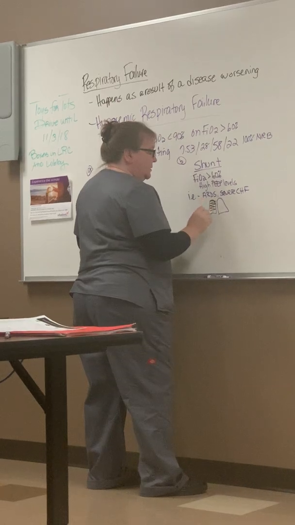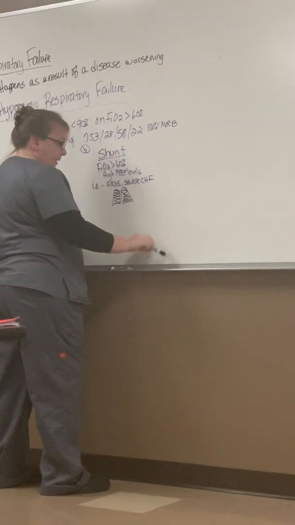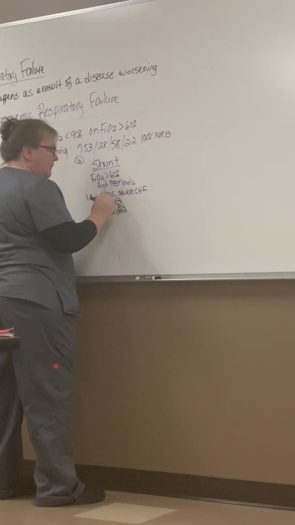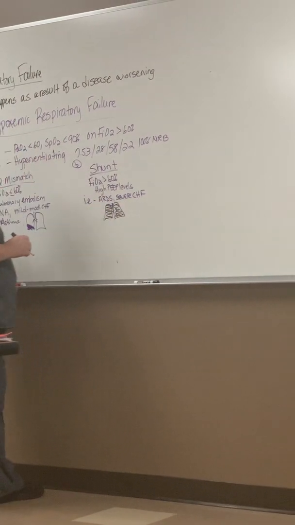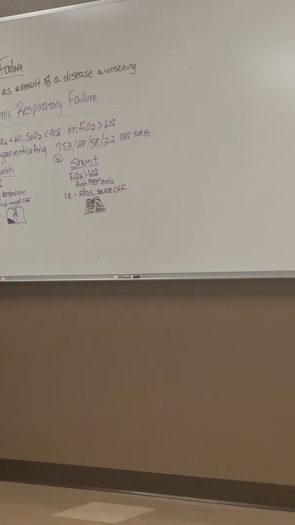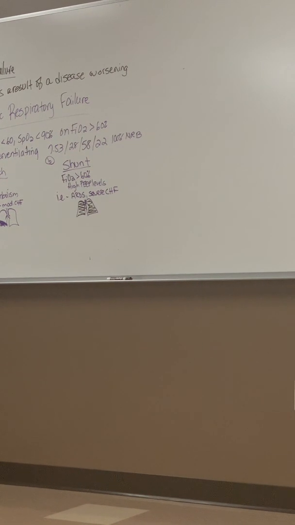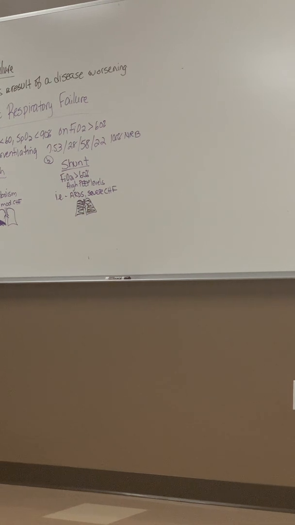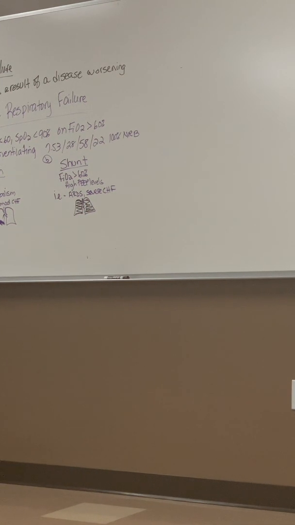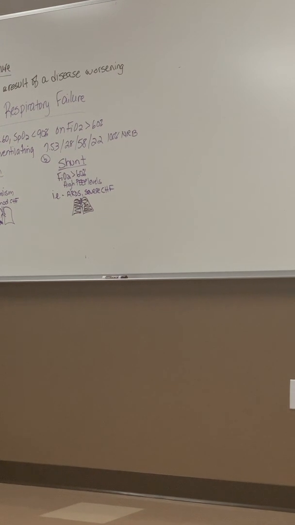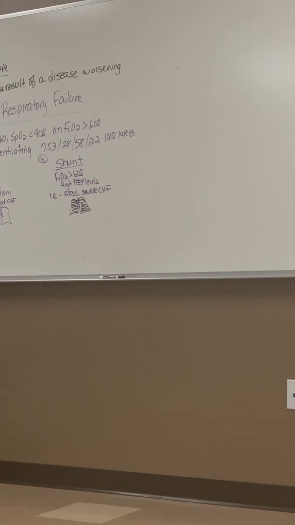And in these patients, the whole lung areas are affected, which is why they need those higher FiO2s and PEEPs, which we started to talk a little bit about yesterday. So your X-ray will match this too. Over here, you can have what we call the whiteout.